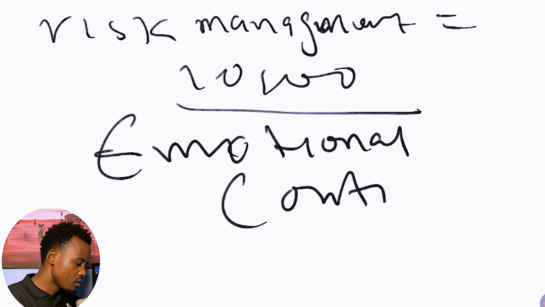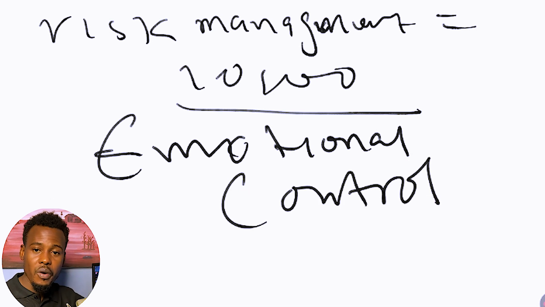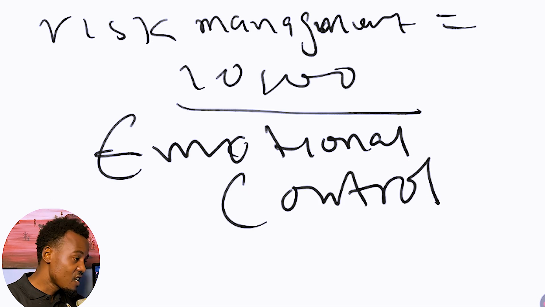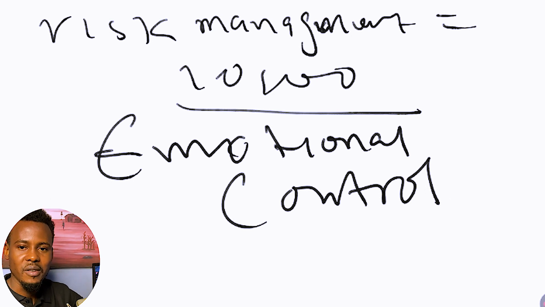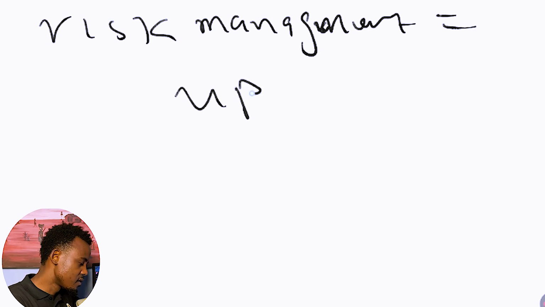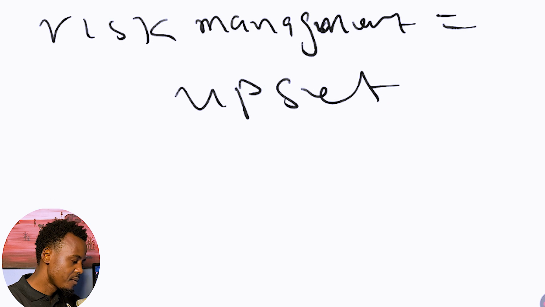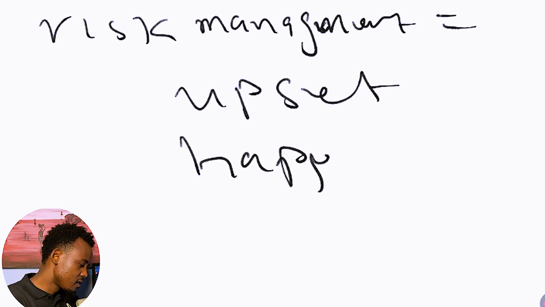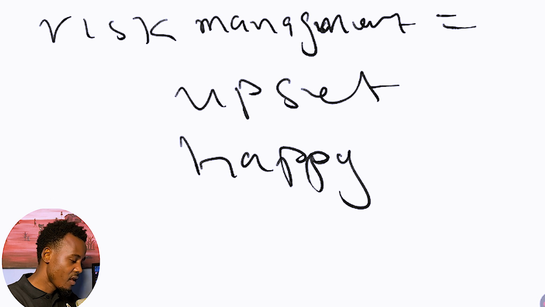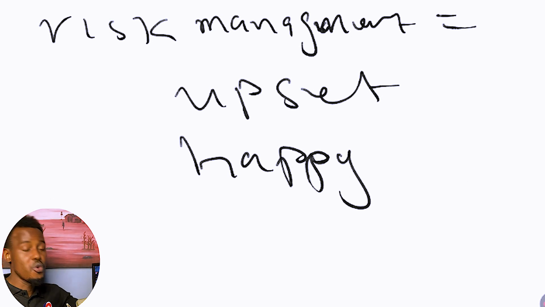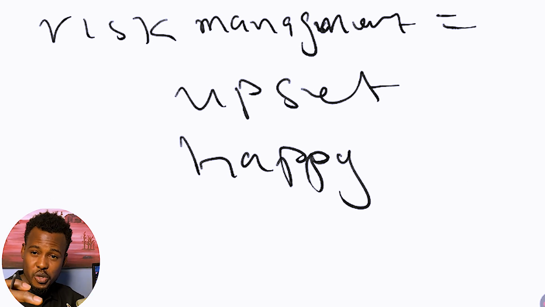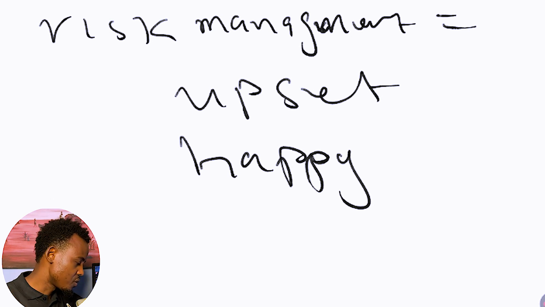What about you have this cash, $10,000, without emotional control? That's another way these emotions can drain your trading. If you are upset, don't trade. If you are in a happy mood, when you are overly happy, don't trade, because you will blow the account.